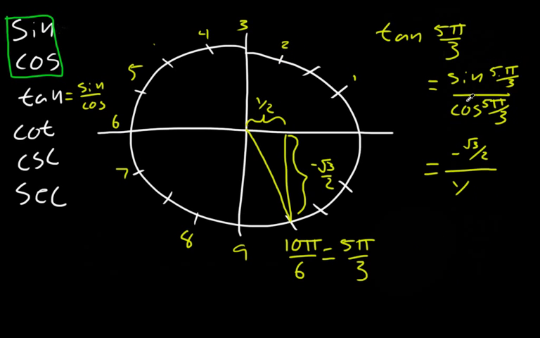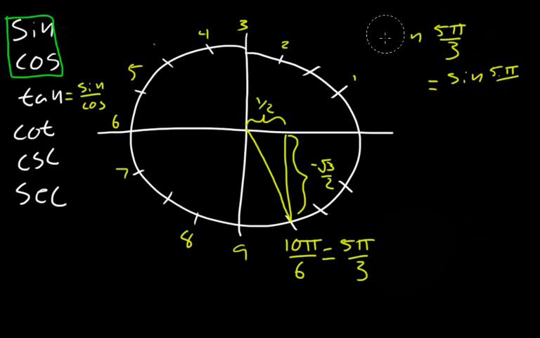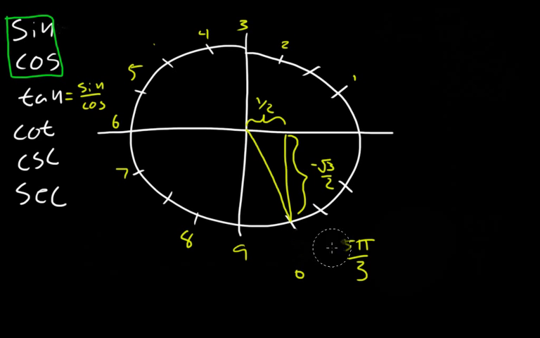All right, so let's go ahead and clear this up. Let's erase this here. So now the next value that we're going to look at is the cotangent. Let's use this same point again, which will be 10 pi over 6.